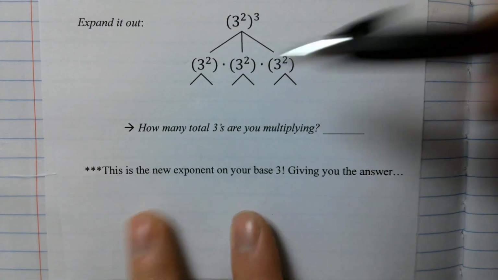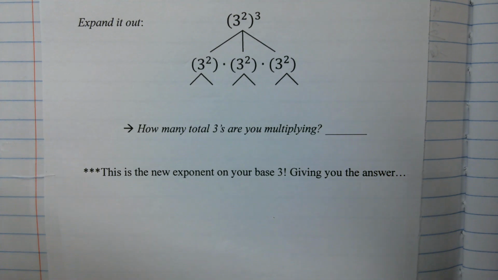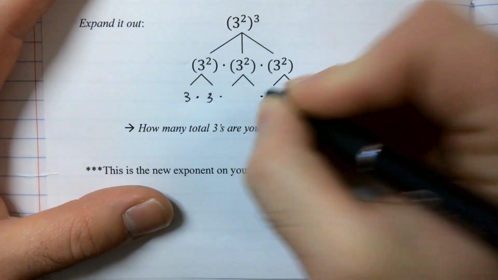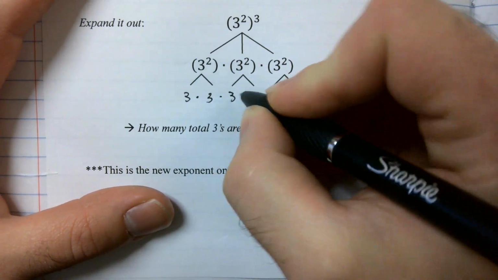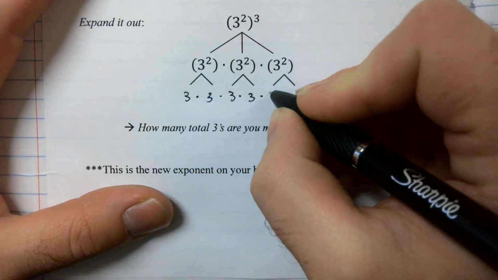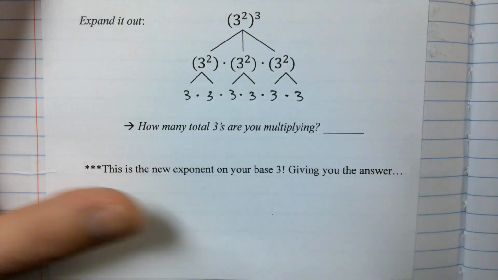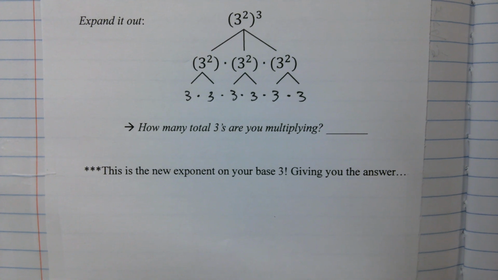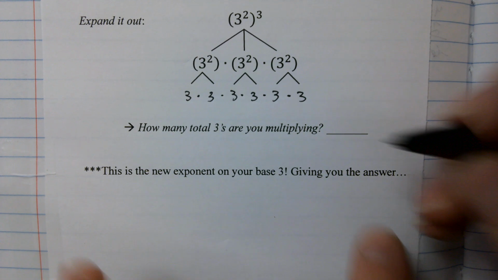If I expanded that out, it's 3 times 3. And my second 3 squared is also 3 times 3. And my third 3 squared is also 3 times 3. So how many total 3's do we have altogether? 6 of them.